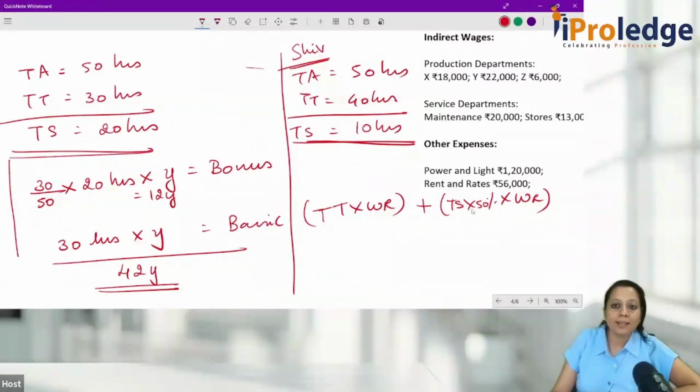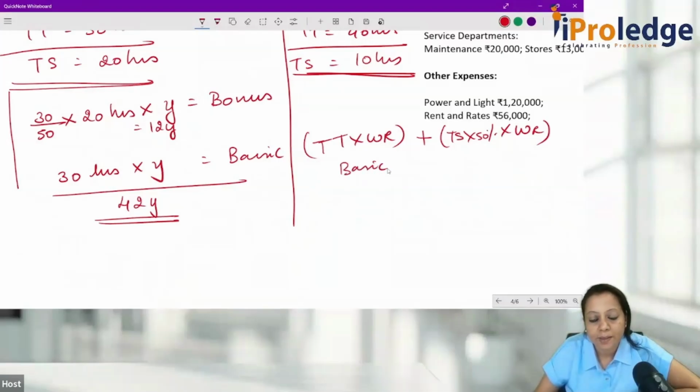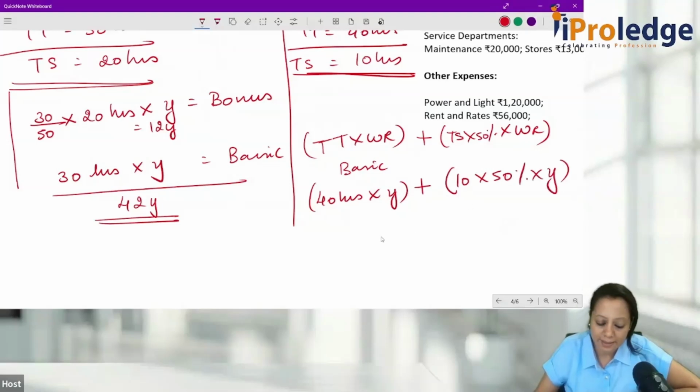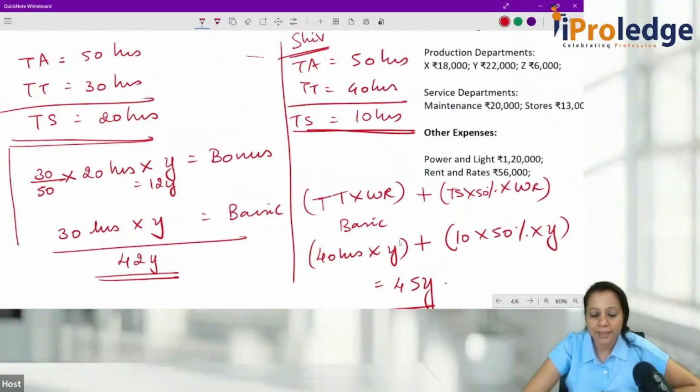This much all of us know. It is Halsey system. So now time taken is how much, ma'am? This is the basic, 40 hours into Y. Then what is the time saved? 10 into 50% into Y. Yes. So can I say it is 45Y? Quickly write it down. Come on, students. Please quickly write it down.